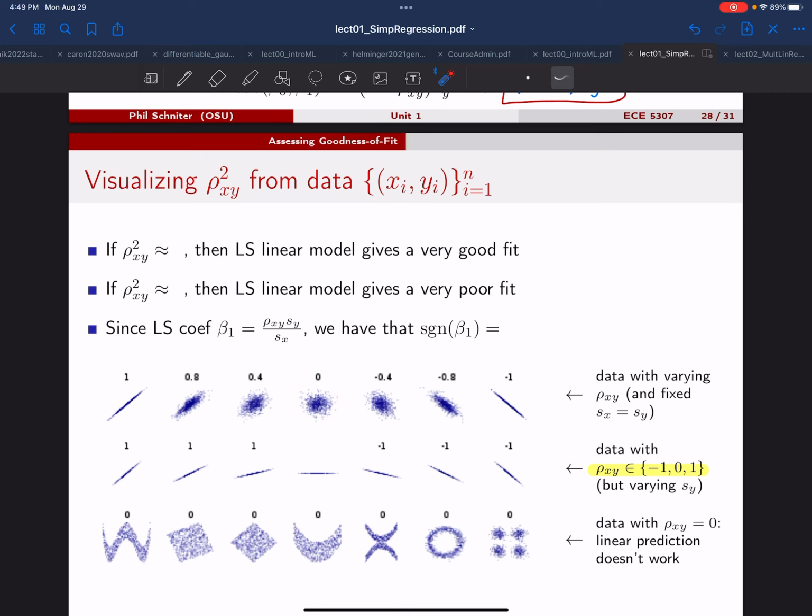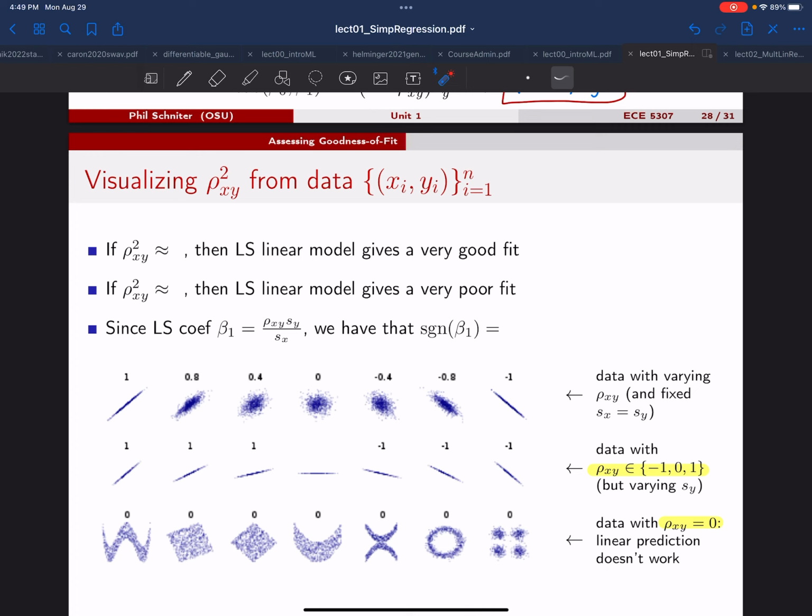But that's not the only way you can get an r squared of 0. Here's a number of other examples of data sets where there's structure, but there's no correlation. So in all these cases, as a human, you can look at this and you can say, yeah, there's actually a lot of structure there.